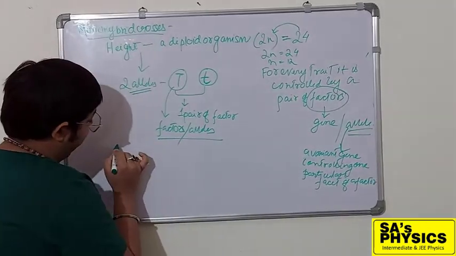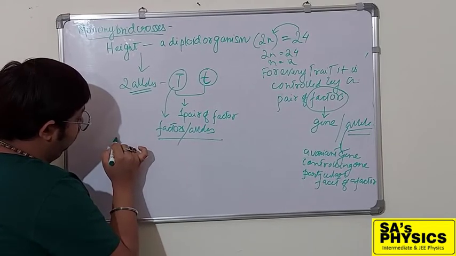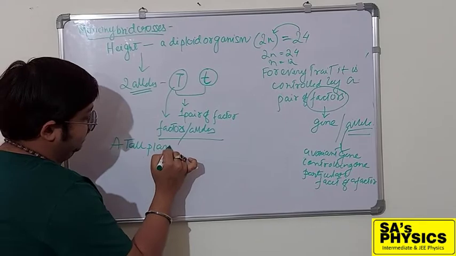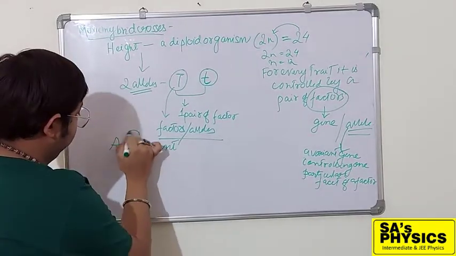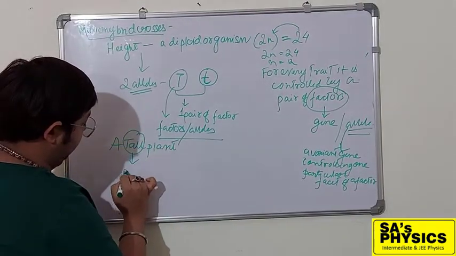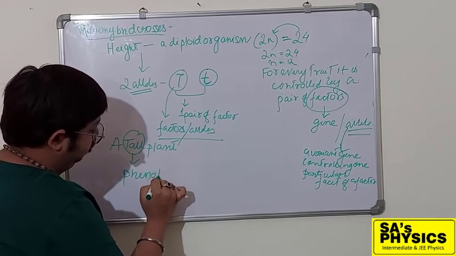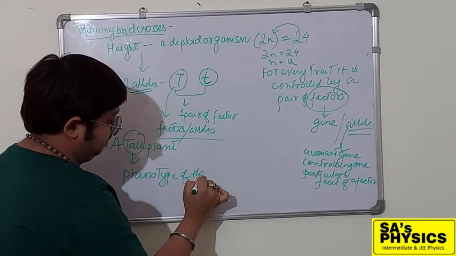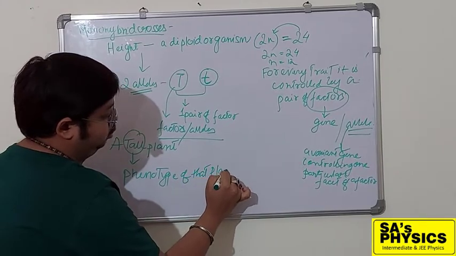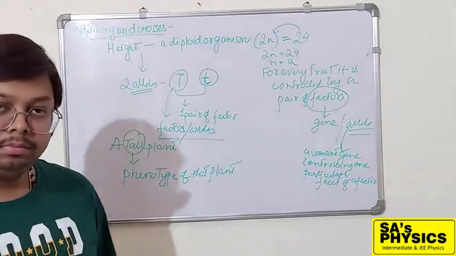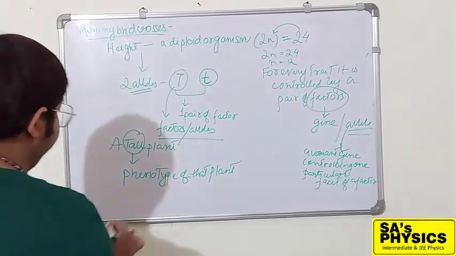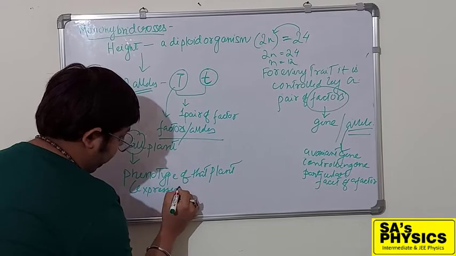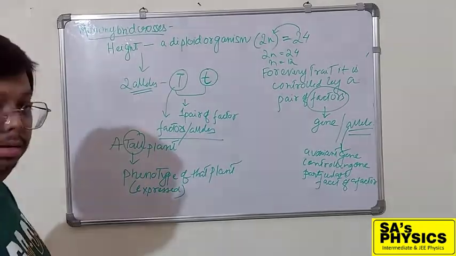Suppose we say that a tall plant. Now when we are saying a tall plant, this tall is what we are seeing, and this is the phenotype of that plant. Phenotype is what we can see, right? Phenotype is what is expressed, right?